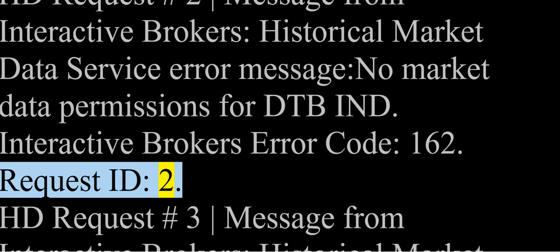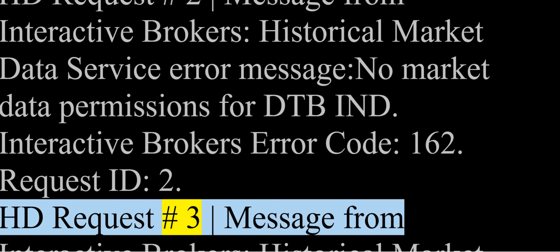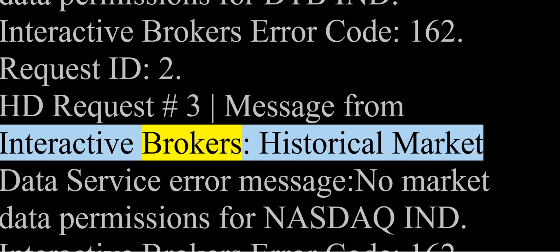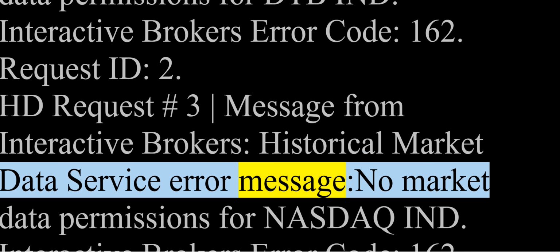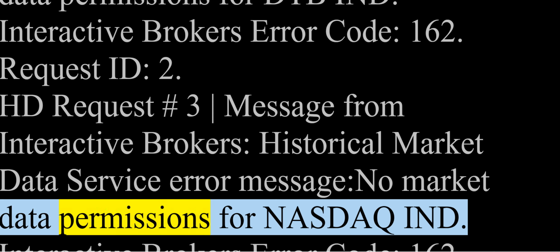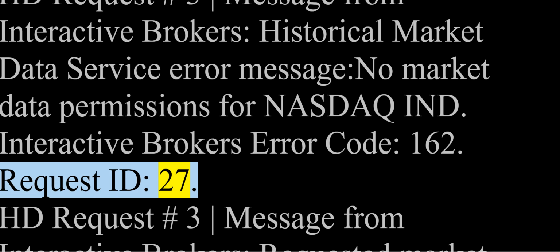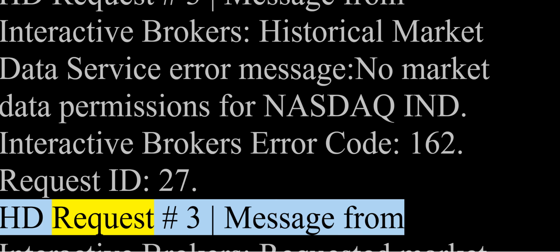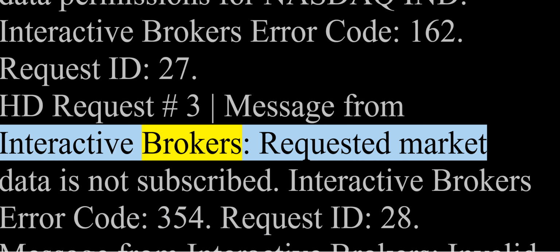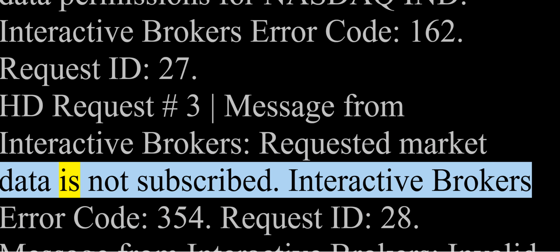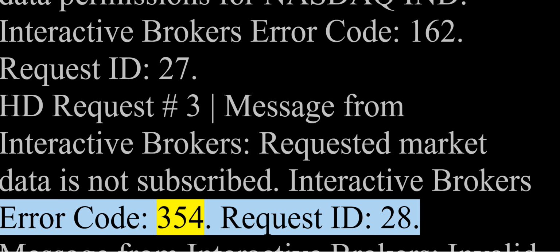Request ID 2. HD Request Number 3. Message from Interactive Brokers: Historical Market Data Service Error Message. No market data permissions for NASDAQ/IND. Interactive Brokers Error Code 162. Request ID 27. HD Request Number 3. Message from Interactive Brokers: Requested market data is not subscribed. Error Code 354.